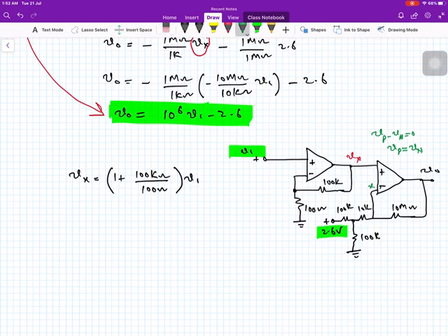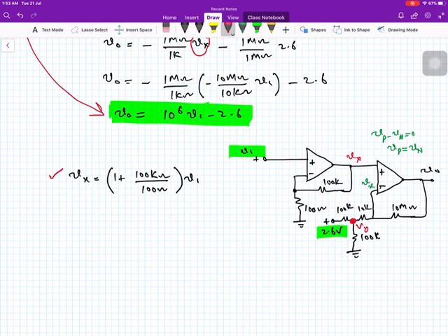Now with this we can proceed further. Here we have a node, and call it Vy. This is the voltage Vy with respect to the ground. So we have written the expression for Vx, and now we write the node equation at Vy.